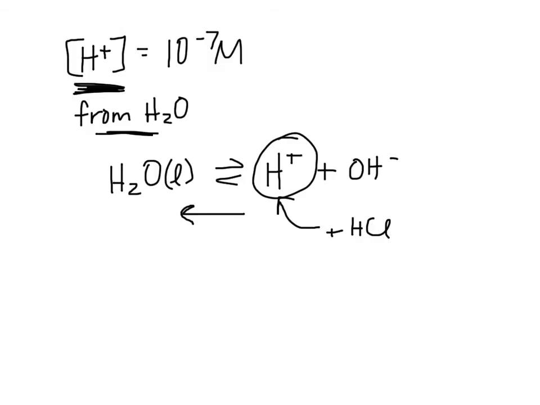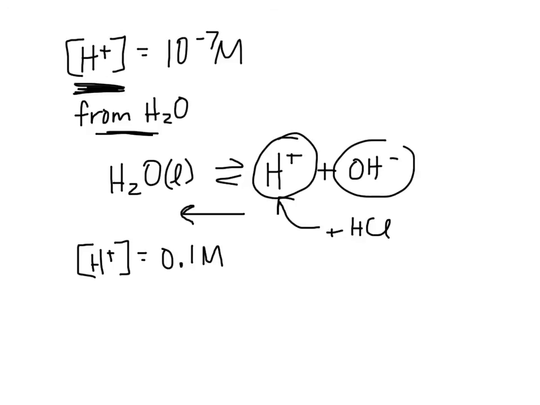From the last slide, we already know this. Figured that out, not a problem. Now the question is, how much hydroxide is left? Because it's still there. There's just not a lot of it.